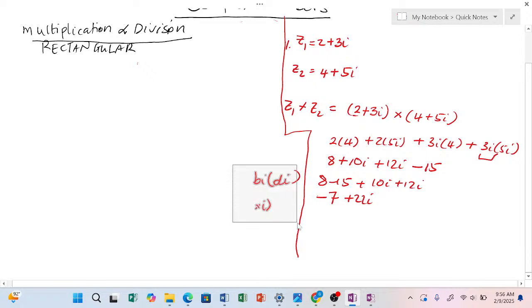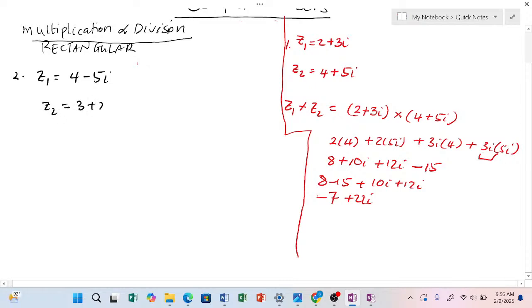Another example under multiplication. Example 2: I have complex number 1 as 4 minus 5i and complex number 2 as 3 plus 2i.